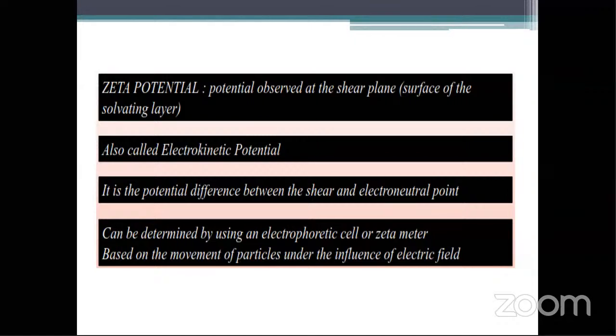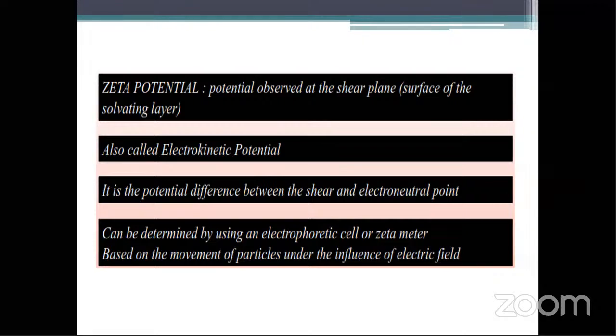Or we can also define this zeta potential in another way, that is the work required to bring a unit charge from infinity to the surface of the particle.